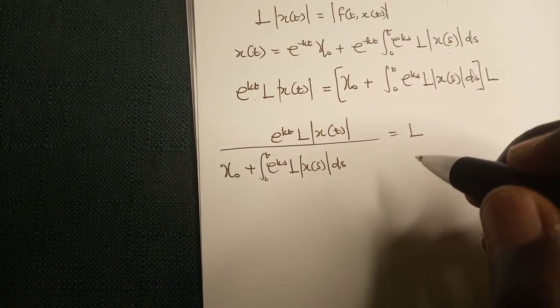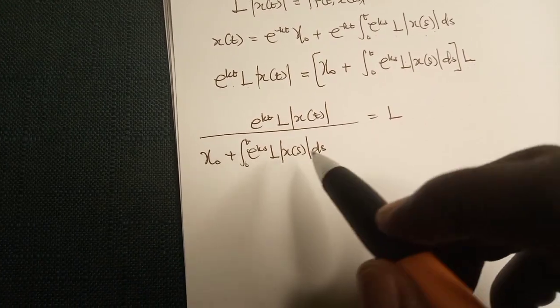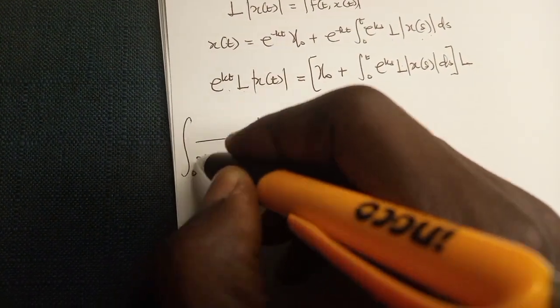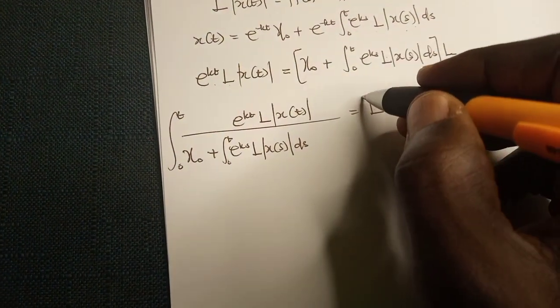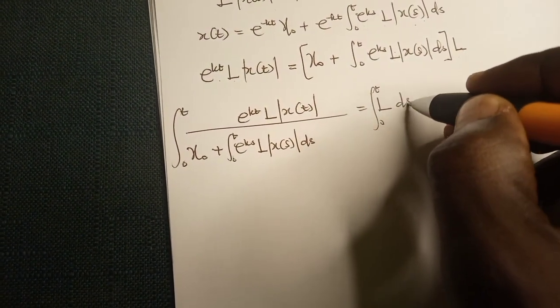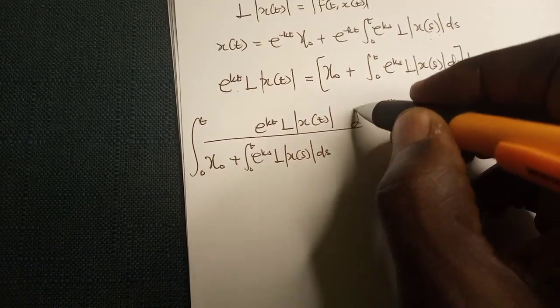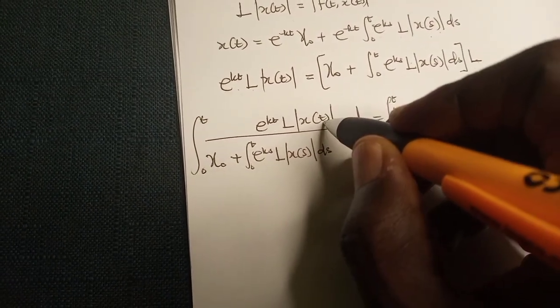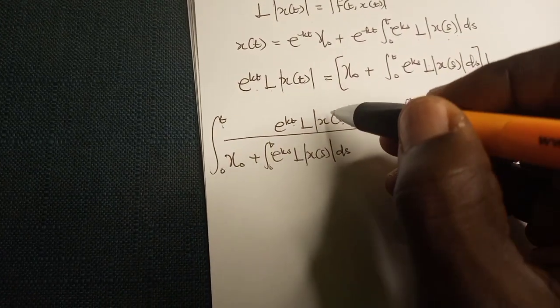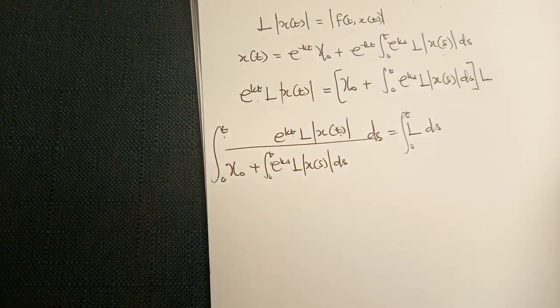Okay, so with that we can now integrate. When you integrate over the interval 0 to t, the same thing here, 0 to t, ds. So this will change to s because of the t here.